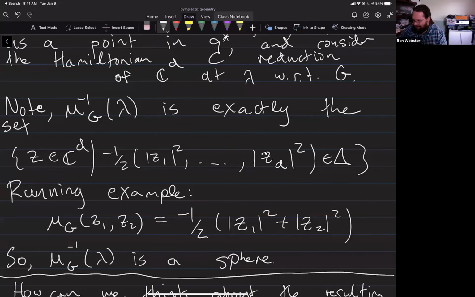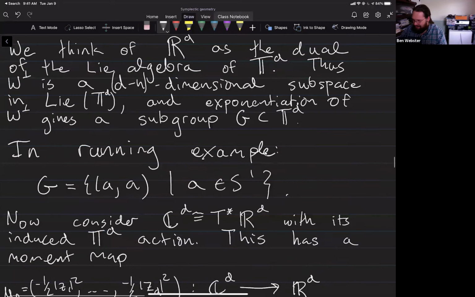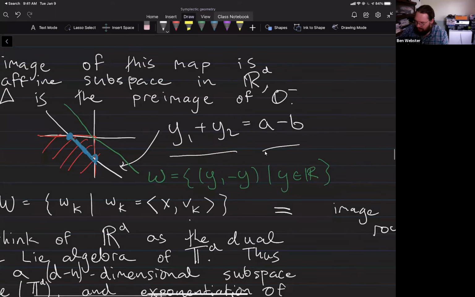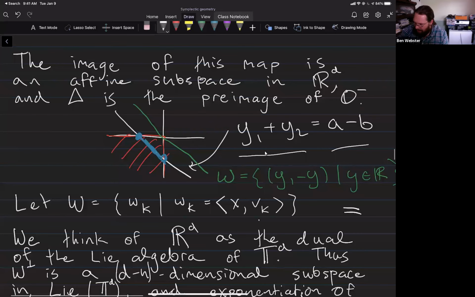And it is true that if you look at this moment map for elements of C2, all of the spheres of different orbits, of different radii, are going to exactly map to the line segments here, right? Because I'm taking the norm squared of each coordinate, each sphere maps to a point on the line.